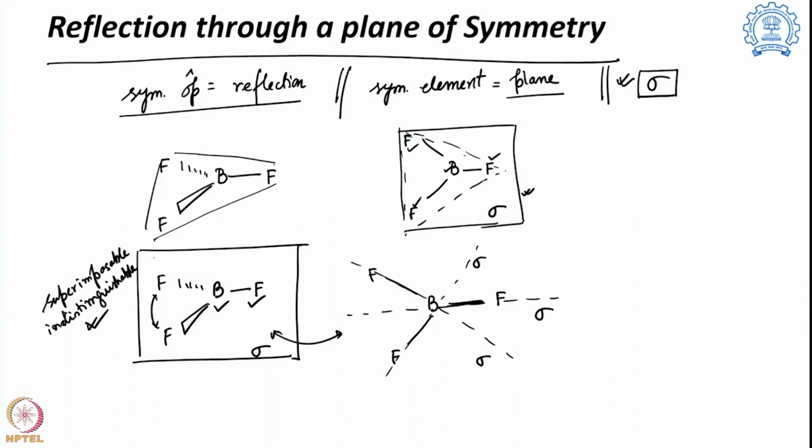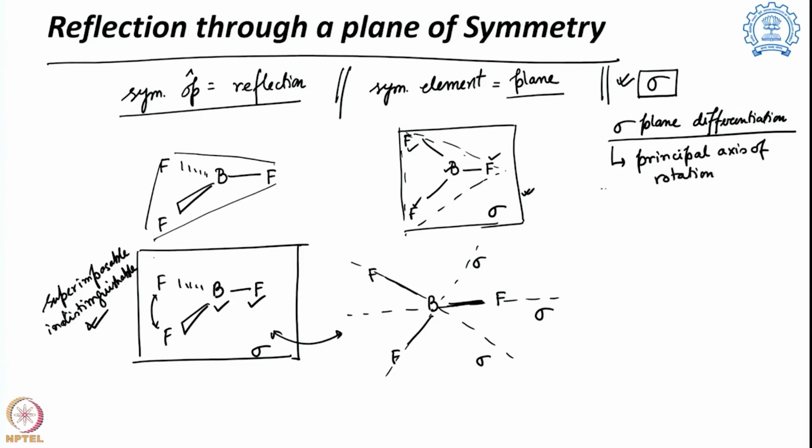Now how to differentiate them? This differentiation of the sigma planes is found by the principal axis of rotation. So now we try to figure out the relation of the sigma plane to the principal axis of rotation, which is nothing but the Cn.